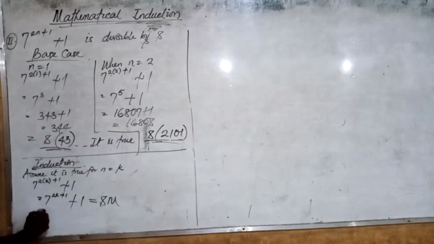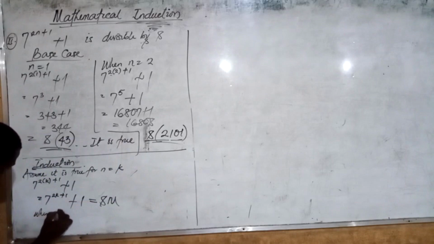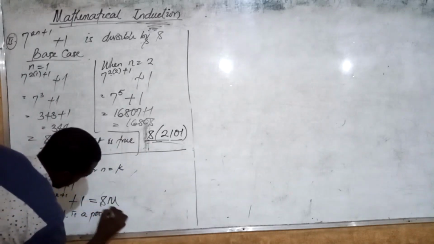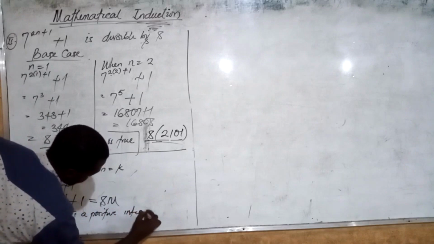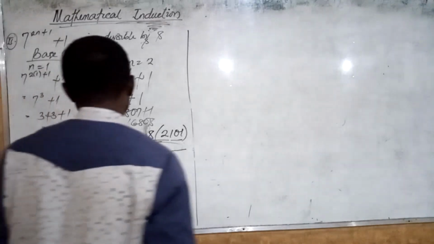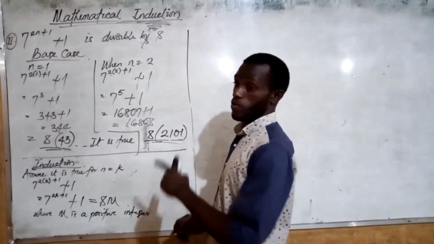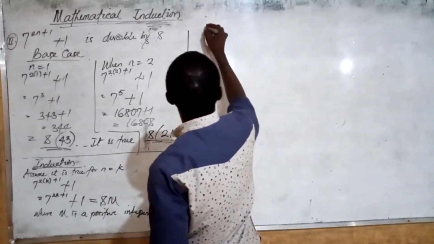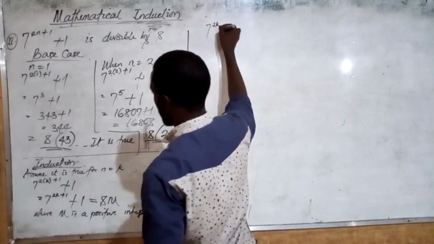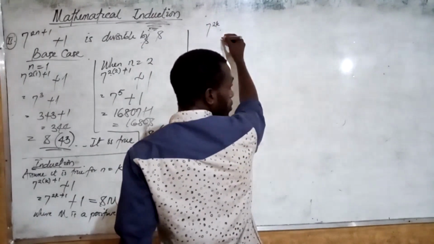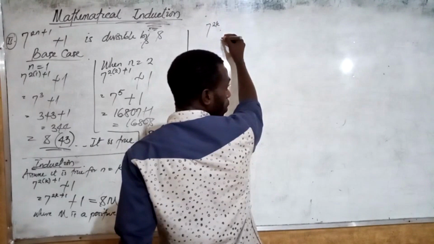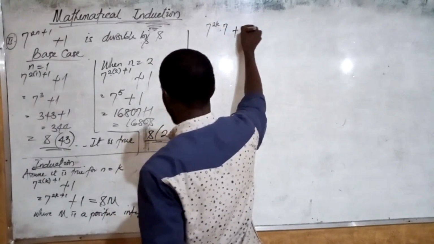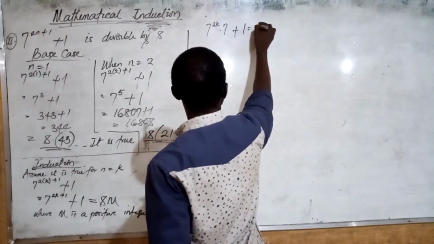Where n is a positive integer. If this is actually true by our assumption, then it means that 7 raised to the power 2k times 7 plus 1 is equal to 8n.